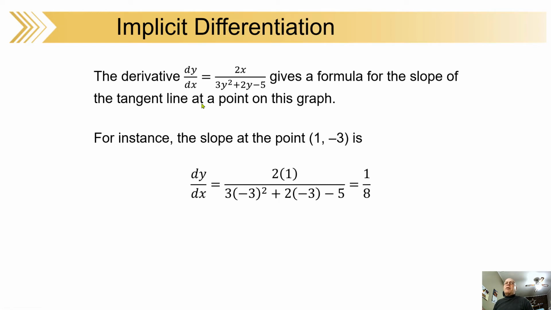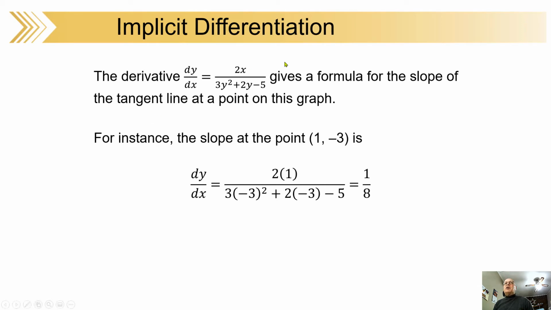So you pick a point on the graph, any point, that point is going to have to fit the x value and the y value in the original equation. If it does, then using this derivative or this slope, you can find the slope of the tangent line at that particular point on the graph.